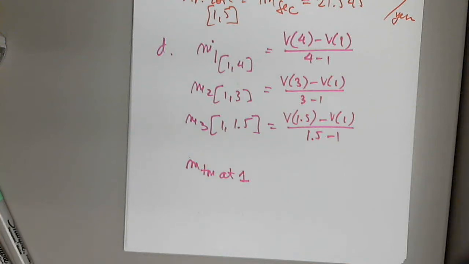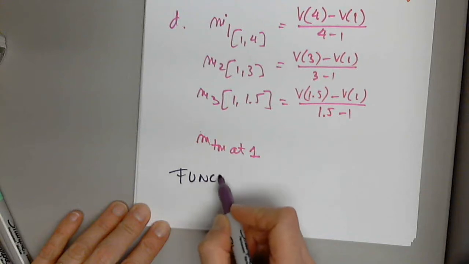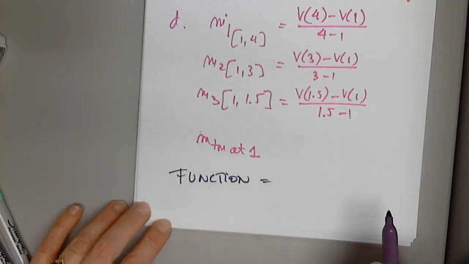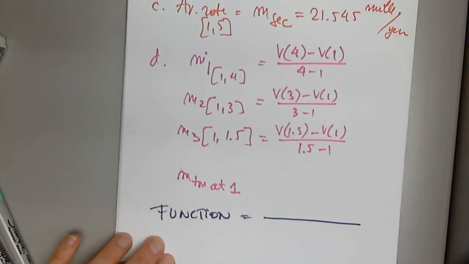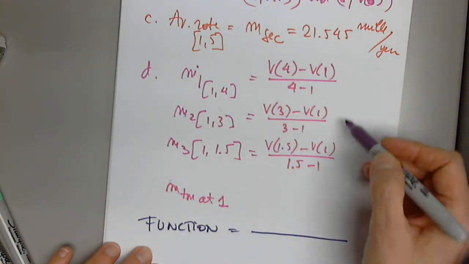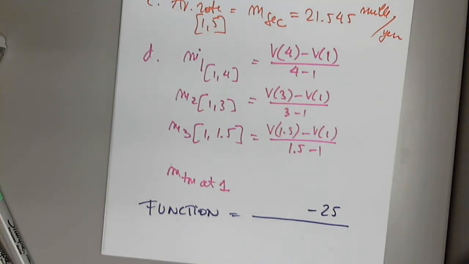So here's what I recommend. Let's create a function. What changes here? When I look at all these three situations, which are the numbers that do not change from the very first case, and the second and the third and the fourth? v of 1, right? Good. What else does not change?